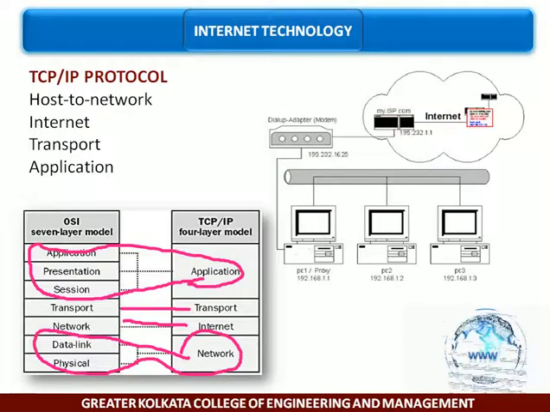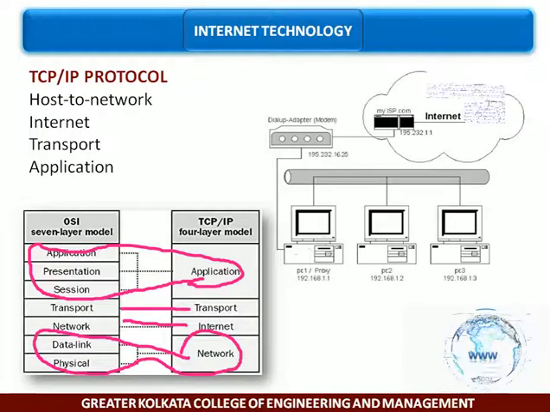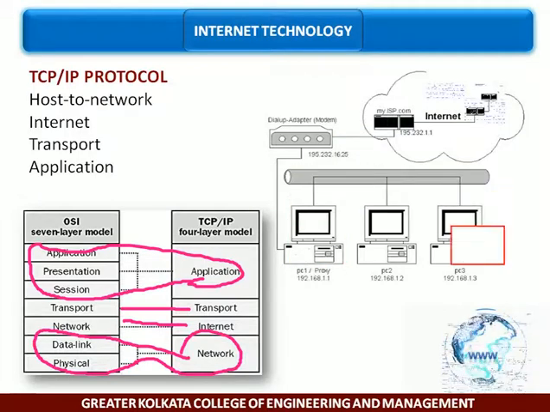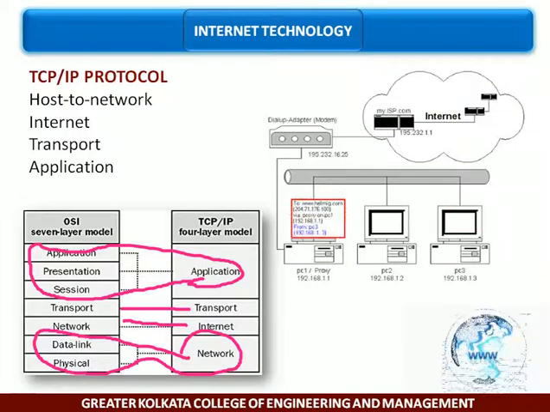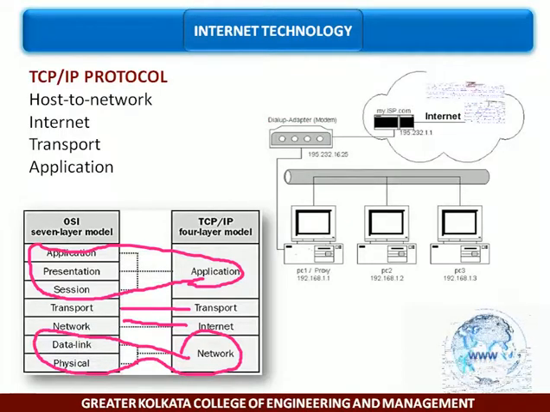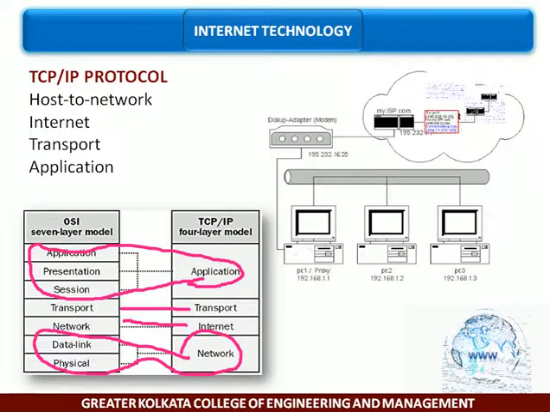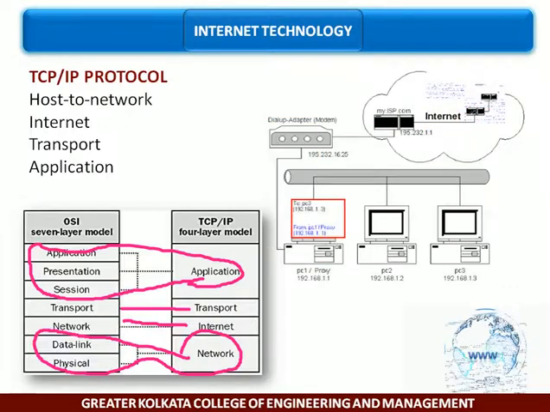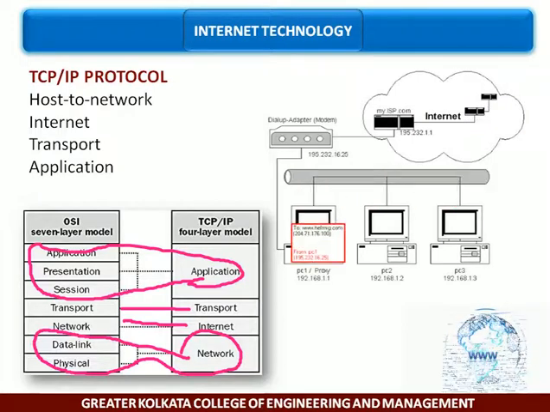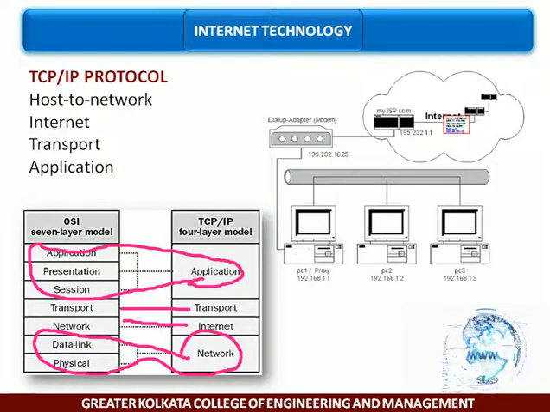The 3 topmost layers in the OSI model, however, are represented in TCP/IP by a single layer called the application layer. So TCP/IP is a hierarchical protocol made up of interactive modules, each of which provides a specific functionality. However, the modules are not necessarily interdependent.